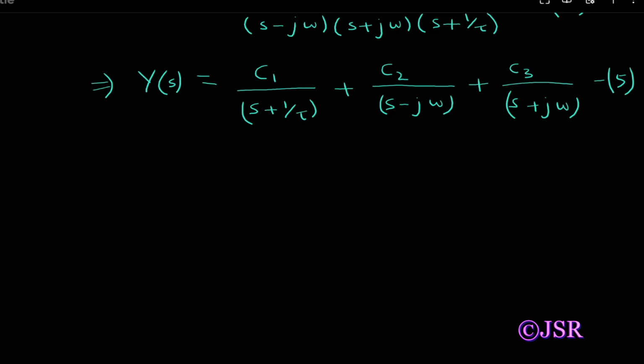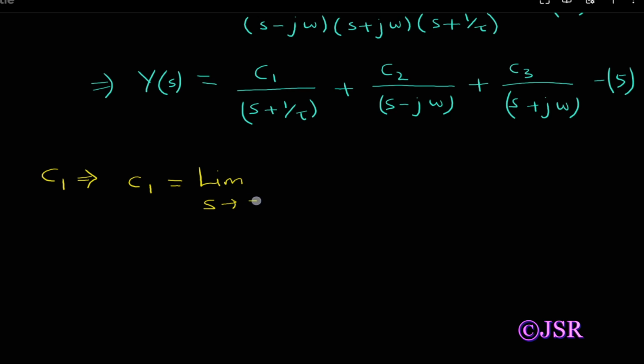So to find out these unknowns C1, C2, C3, we will use the shortcut method.